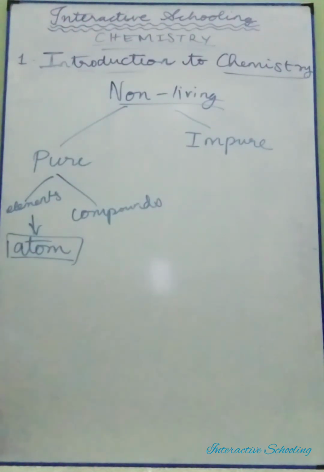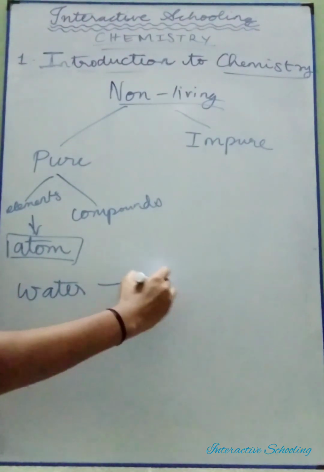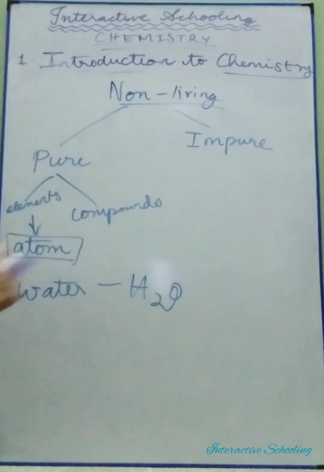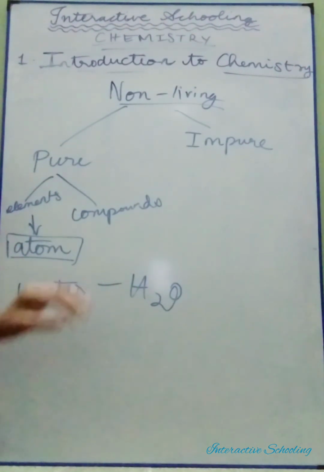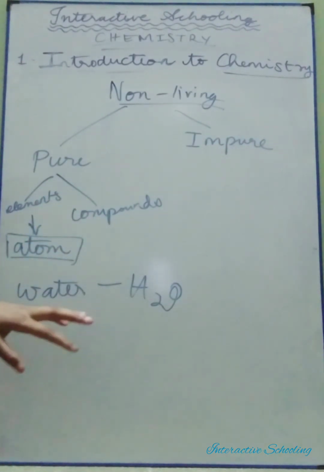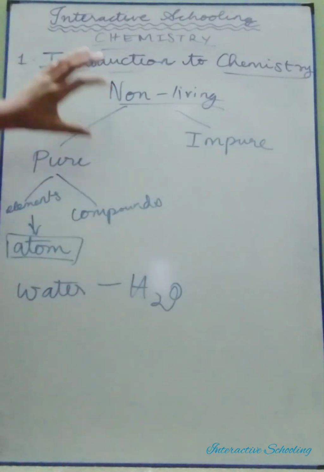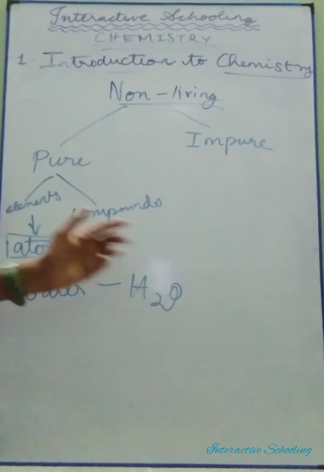In the case of compounds, if I take water for example, water is H2O. On splitting water, what do I get? I get two hydrogen atoms and one oxygen atom. If you take hydrogen and water, what can you observe? Water is a liquid, hydrogen is a gas. The state is different. If you take oxygen and water, water is a liquid, oxygen is a gas.